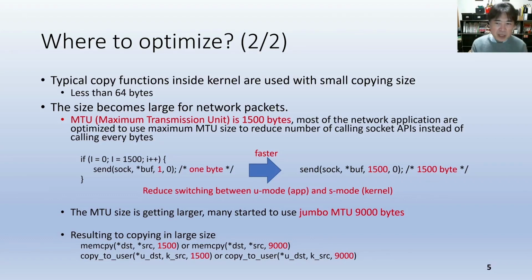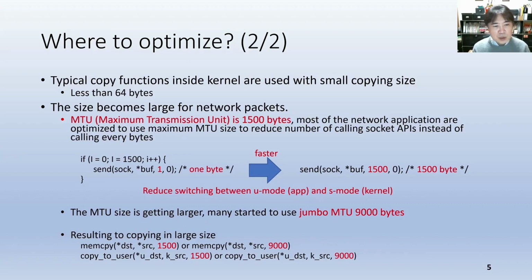However, for a network application, the application written in user space will typically use send or receive with the socket API, or you could use read and write, but typically the historical Unix network programs tend to use the socket API. And in passing the data through the API, instead of passing 1 byte each, typically people will allocate a large buffer in user space and pass it to the kernel with one system call.